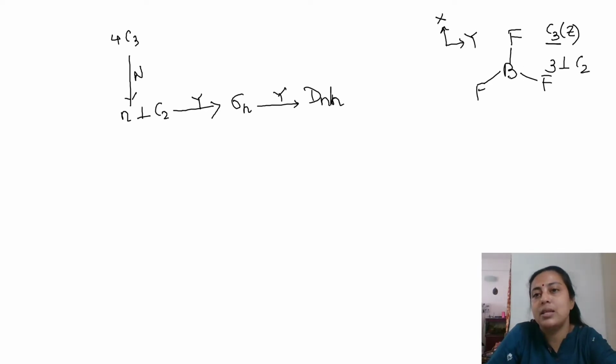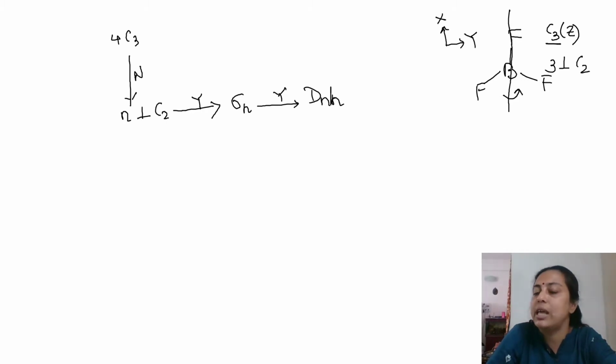Now the C3 axis direction is along Z, but if you look, there is one C2 axis along X and along Y, along every F. If I rotate the molecule around 180 degrees, this fluorine would be coming over there and that fluorine would be coming over here, producing an identical structure. So we can get a C2 over here.